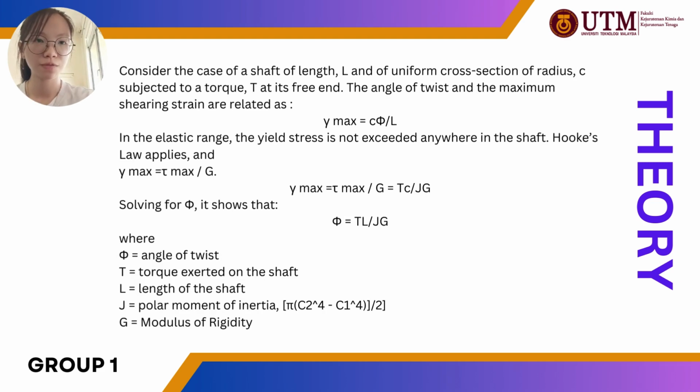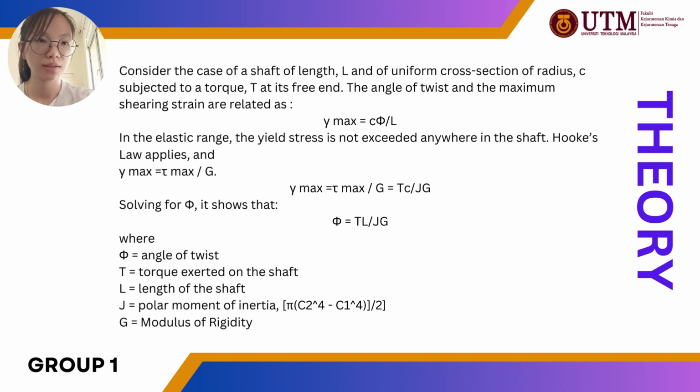In the case of a shaft of length L and a uniform cross-section of radius c subjected to a torque T at its free end, the angle of twist and maximum shearing strain are related as maximum gamma equals c times phi divided by L. In the elastic range, the yield stress is not exceeded anywhere in the shaft.